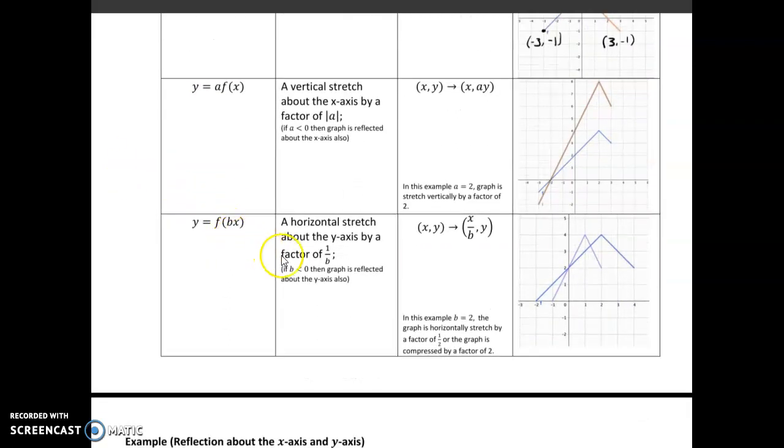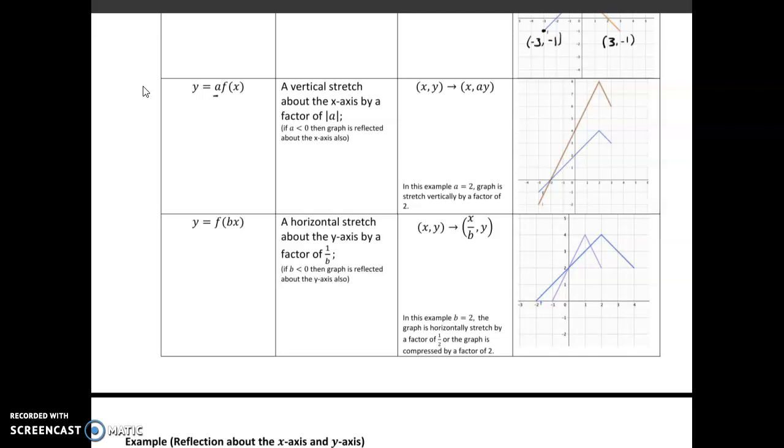Now, let's move on. We're going to vertically stretch about the x-axis by a factor of the absolute value of a. So this is kind of getting complicated now. So when a has a value not equal to 1, we vertically stretch it.